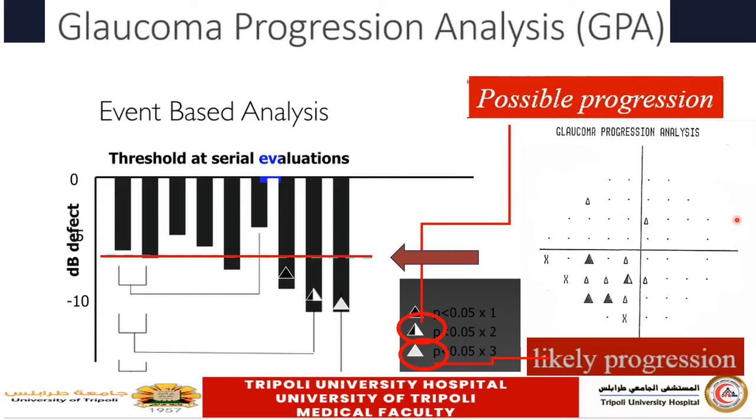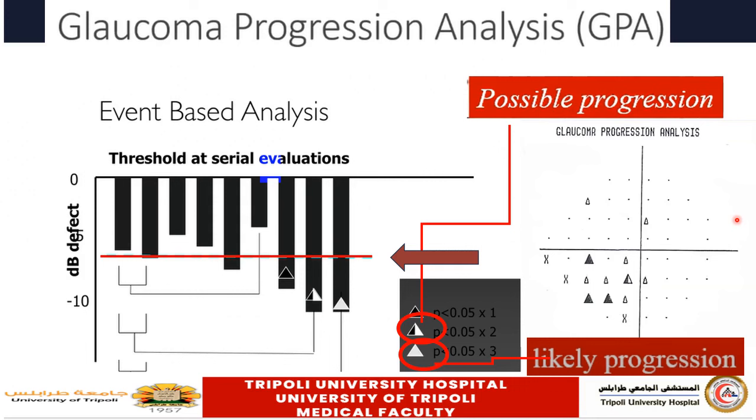Another important aspect: the functional progression cannot be isolated from the structural progression. That is to say, we have to look at the structural changes and structural progression by means of OCT changes, along with the functional progression, the perimetry changes, to form a final conclusion about the status of the patient.